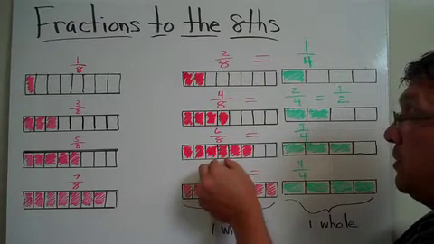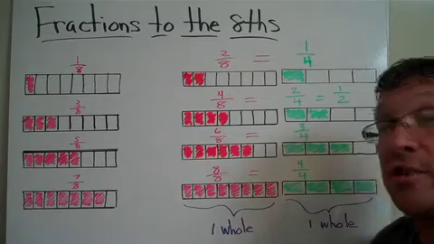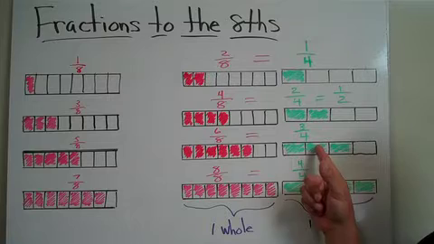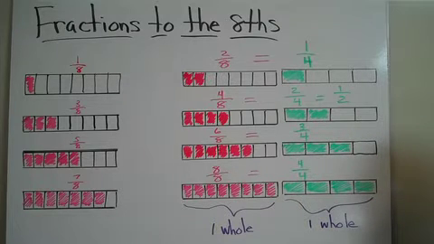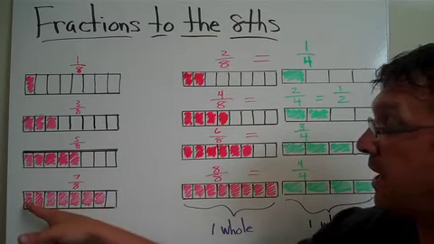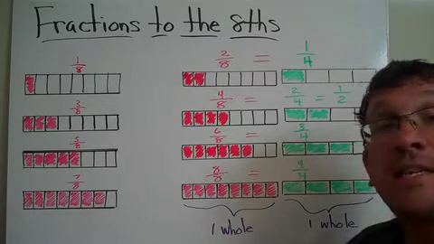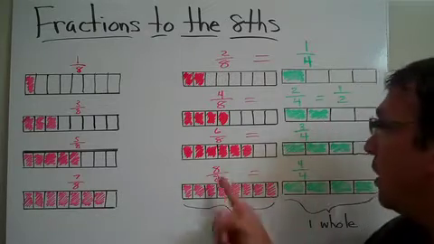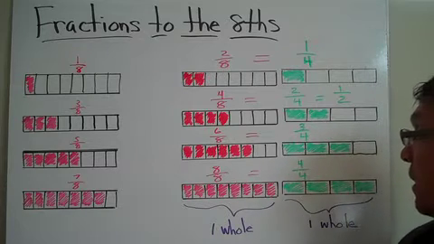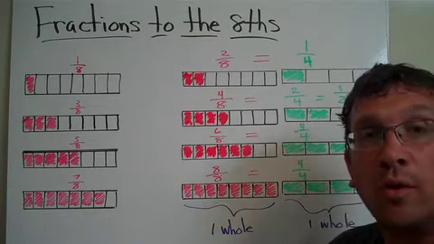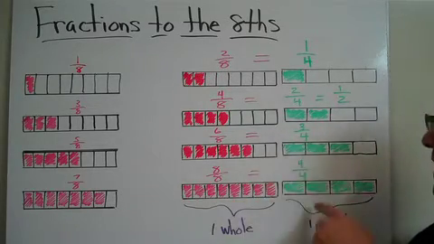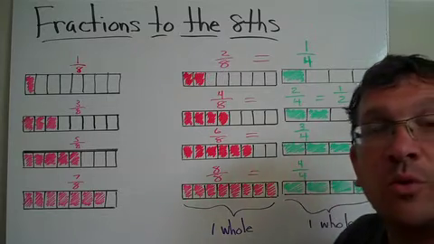There's 2 chunks there, 2, 2, and we have 2 left over, so it's evenly divisible. 6/8 also equals 1, 2, 3 out of 4 blocks shaded in. 7/8, again, all 7 shaded in, 1 left over, 7 out of 8 shaded in. We do have 8/8, or it is equal to 4/4. Both of these are equal to 1 whole. The whole bar is filled in for 8/8 as it is for 4/4, and that equals 1 whole.